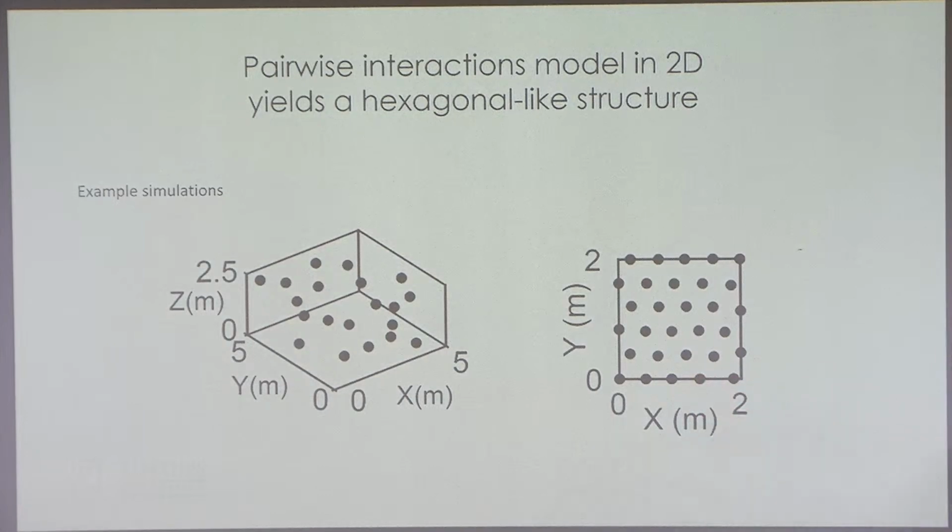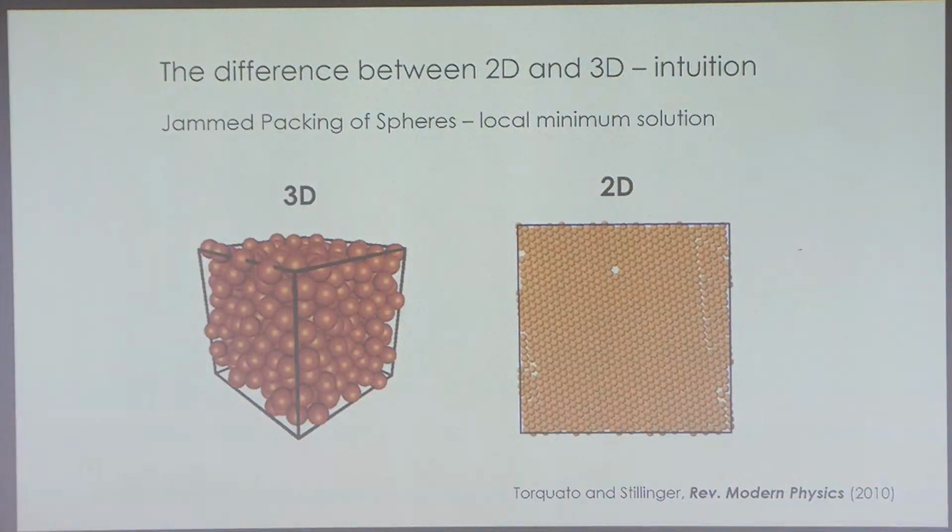And apparently, we shouldn't really be surprised by this result because the same thing happens in hard spheres as well. This is a physics paper. They are packing spheres, and in 3D, the arrangement just gets stuck in this local minimum solution and it doesn't crystallize.